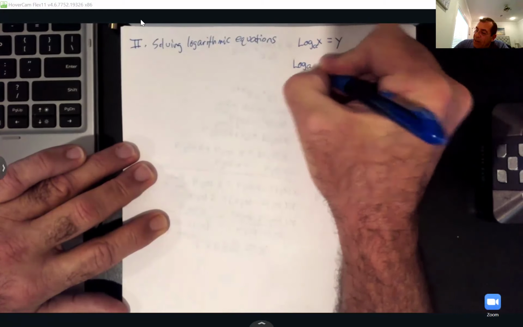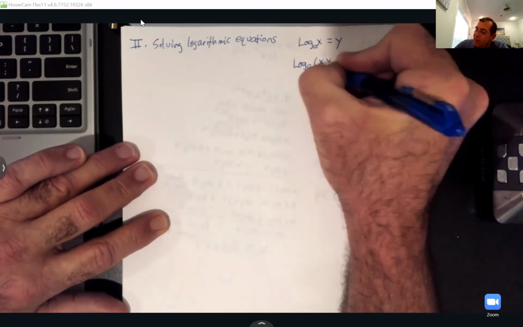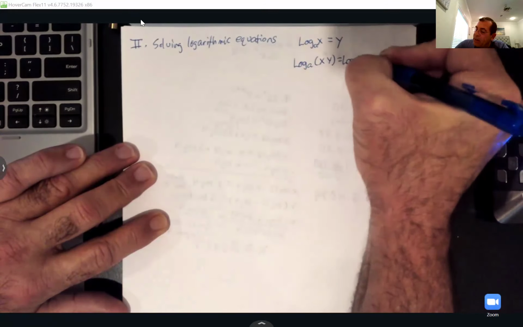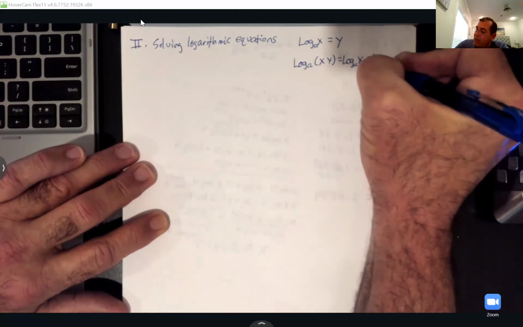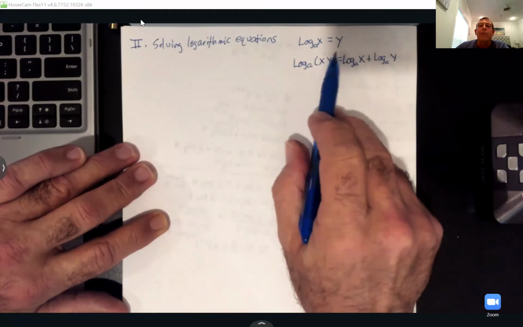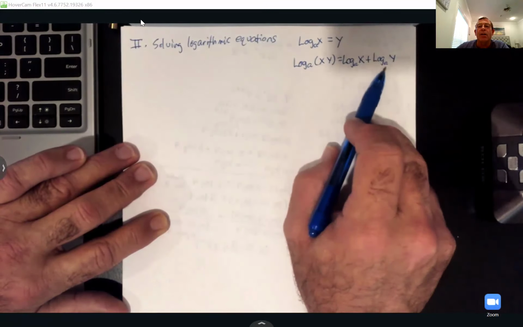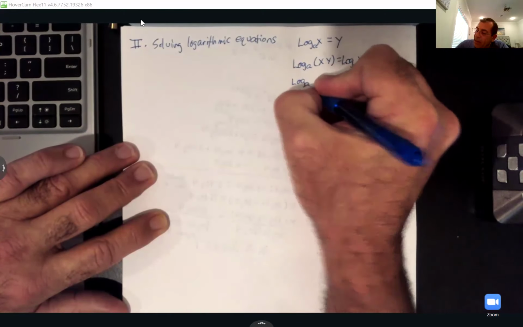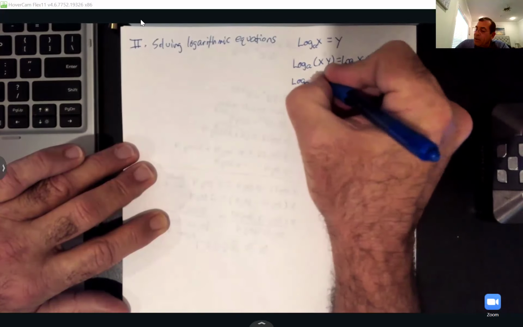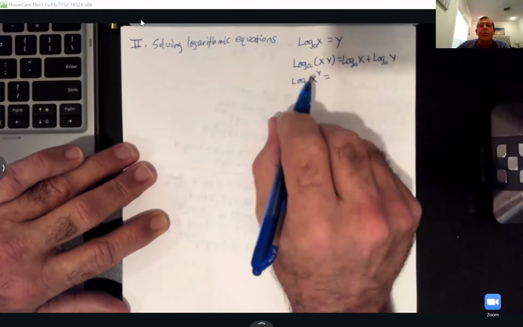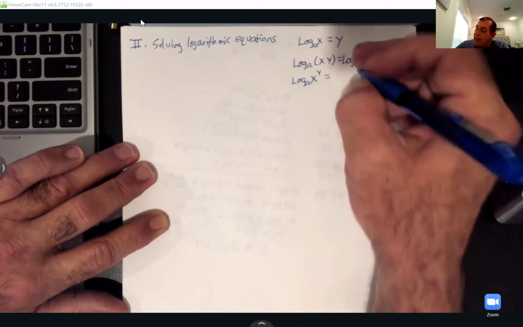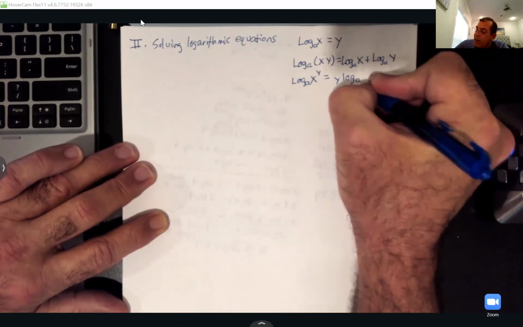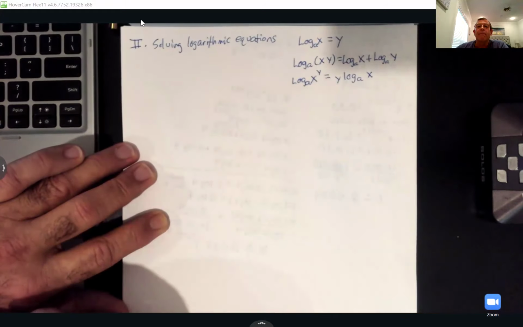Log base A of x times y equals log base A of x plus log base A of y. I'll rewrite products as a sum. If I had log base A of x to the y, this was the power rule, where we bring the y down and get y times log A of x.